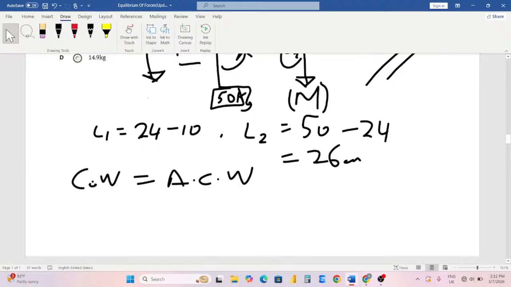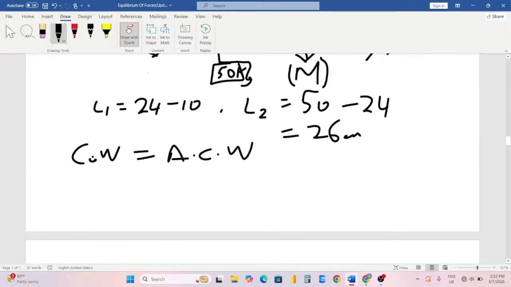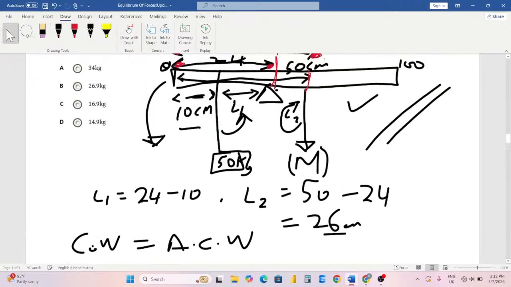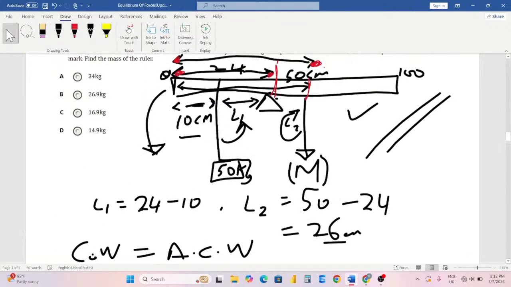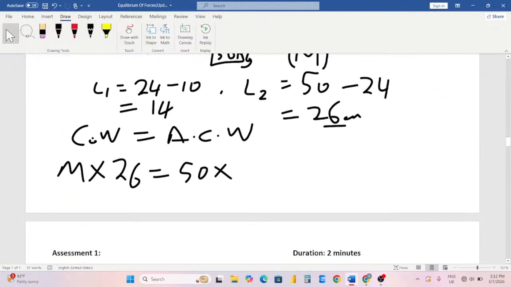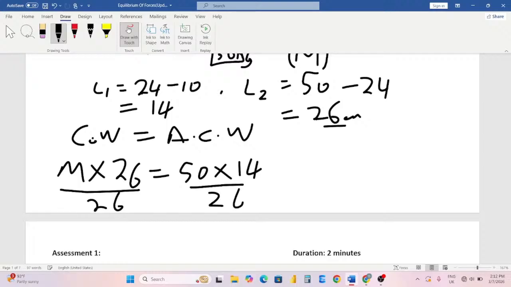So it will be M times L2, that's 26, equals 50 times the distance for the second one, L1, which is 14. So 50 times 14 divided by 26. You should have what you are looking for.